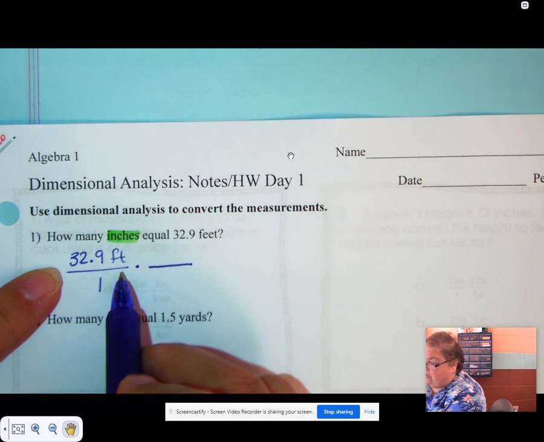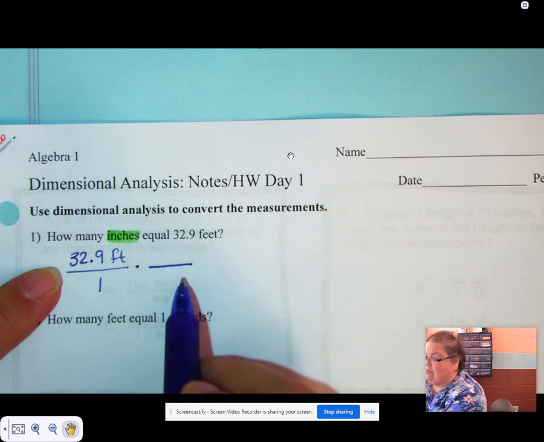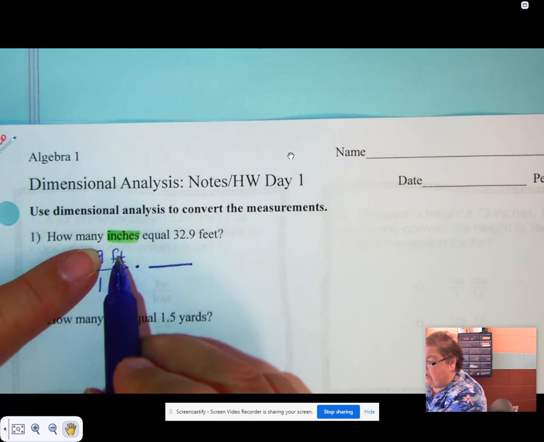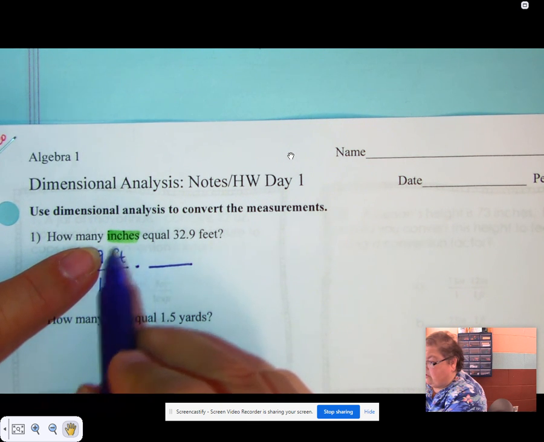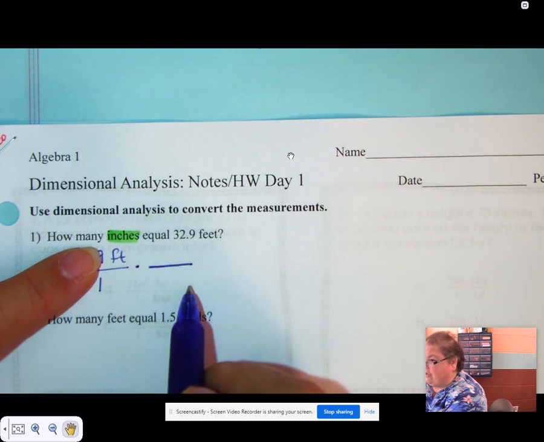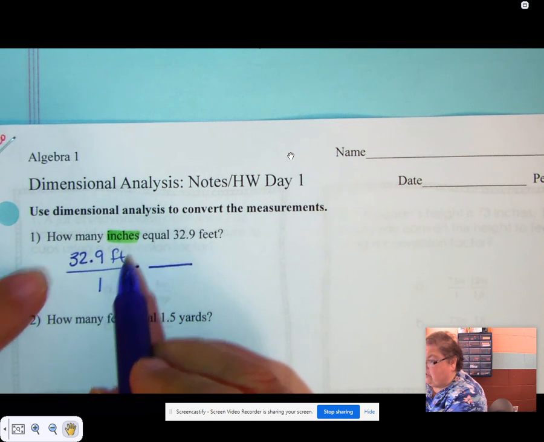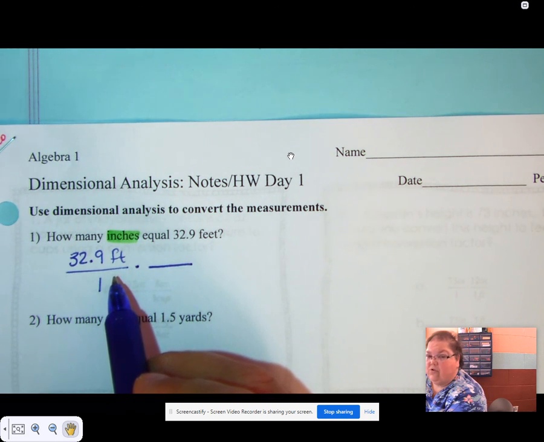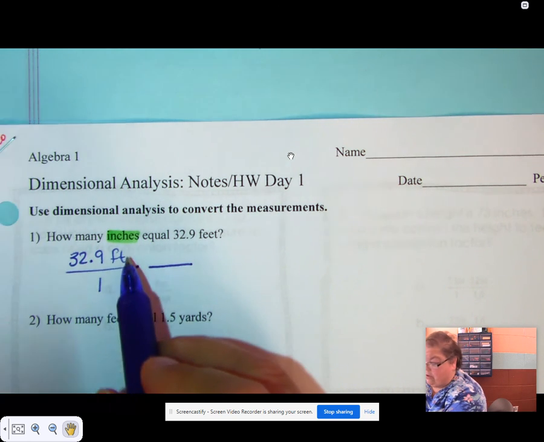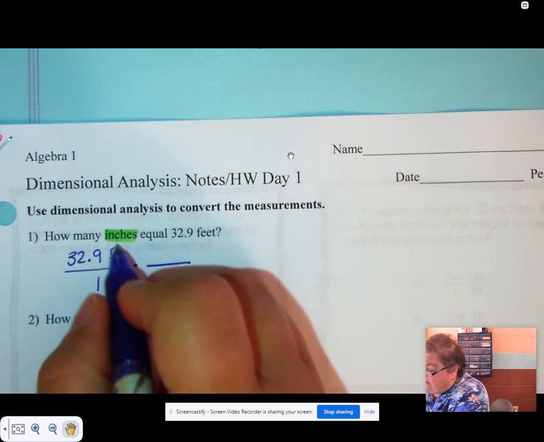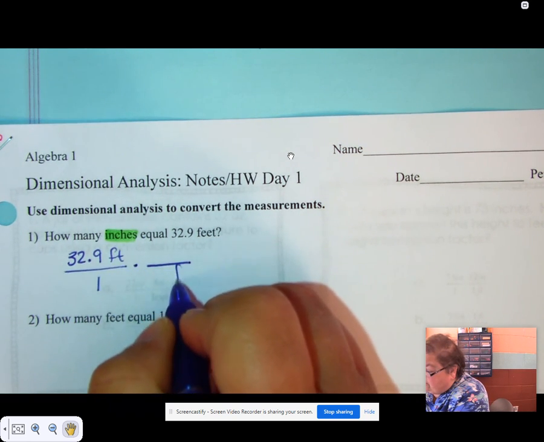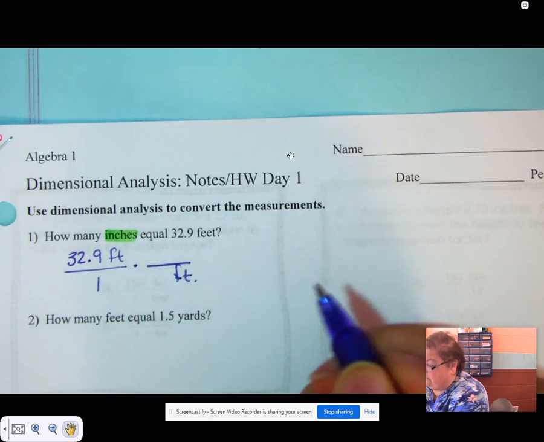So, in order to cross cancel, I've got to have the same thing in the numerator and the denominator. It's a cross cancel situation. So I'm going from feet to inches, and according to our conversion chart, we can do that. So feet in the numerator, feet in the denominator.